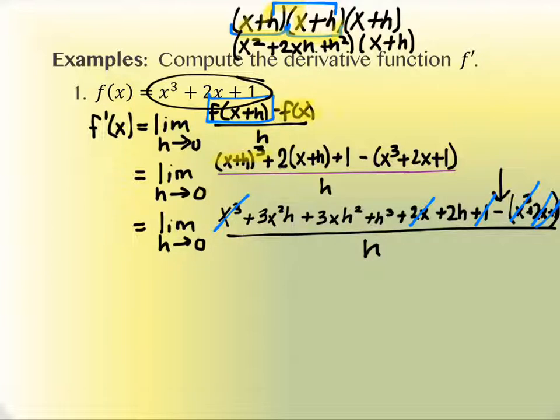So 6 pieces of information just added to nothing, right? That means I've got a lot less to work with than I did before. Not only that, but I would like for you to take a look as you rewrite. Don't say anything out loud. Give everybody a chance to look. Tell me, in your head right now, what you notice in the numerator happening now.